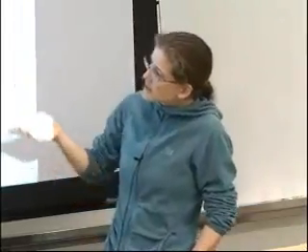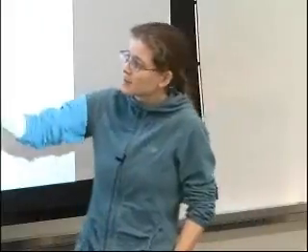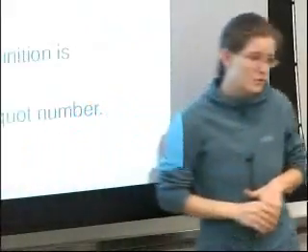So you can build Aliquot numbers by finding elliptic curves that, when you reduce mod the ith prime, have a number of points equal to the (i+1)th prime. The special case where there's just one prime and it references itself is where the number of points when you reduce mod p is actually p. That's already got a name, an anomalous prime. So that's in particular an Aliquot number by this definition.